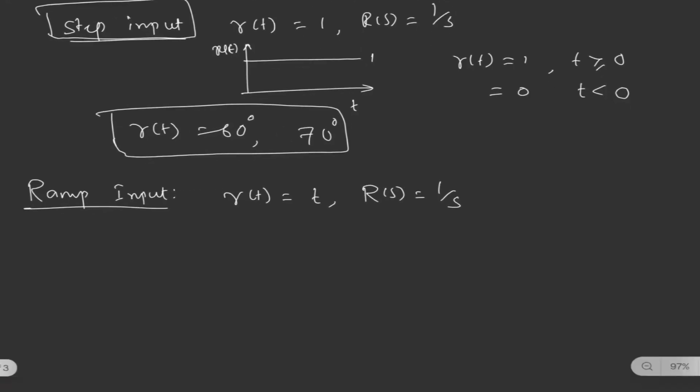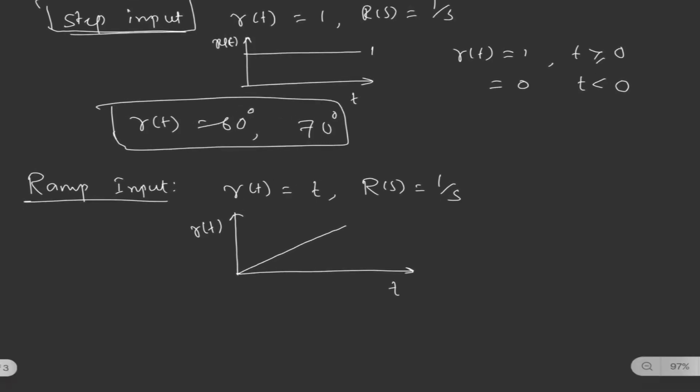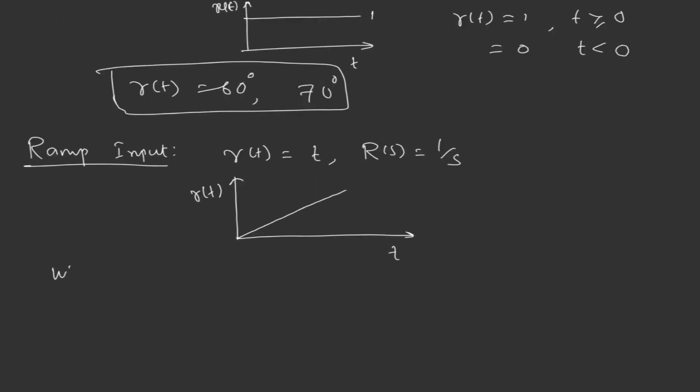And if you see the response of R of t, it looks like this. This is appropriate when the reference signal R of t is slowly varying.